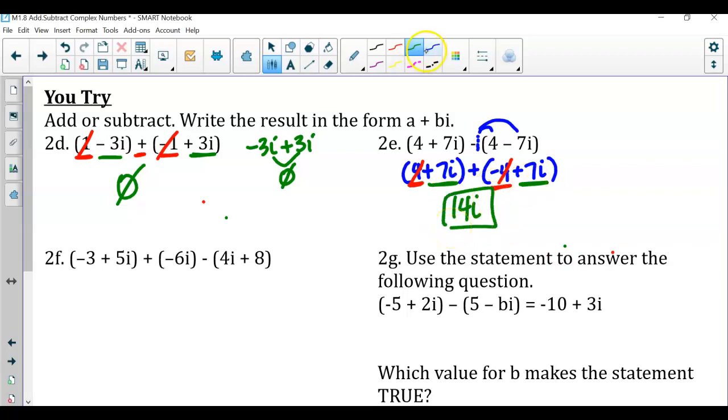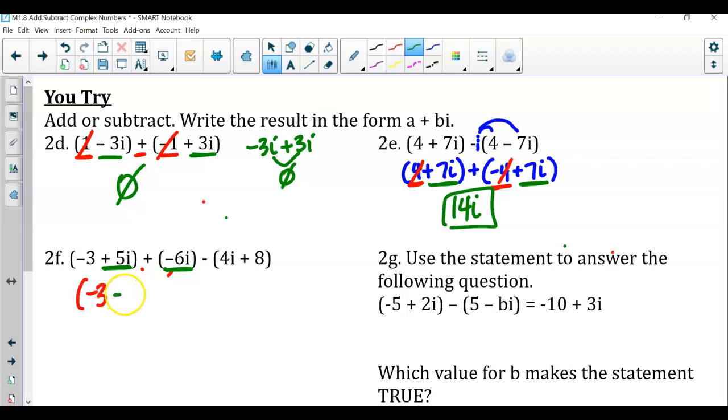With 2f, work it left to right. So notice how first we are going to add. So combining like terms, we'll notice how with the real, there is no real. So I'm just going to bring down my negative 3. But here you do have to combine 5i plus negative 6i.